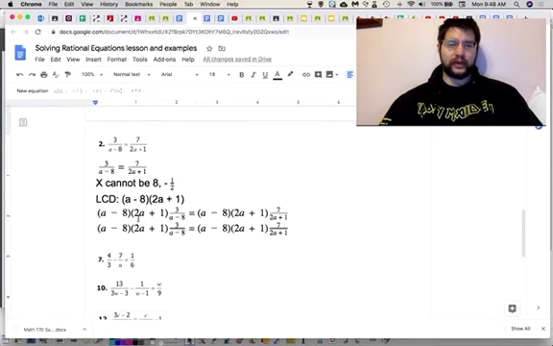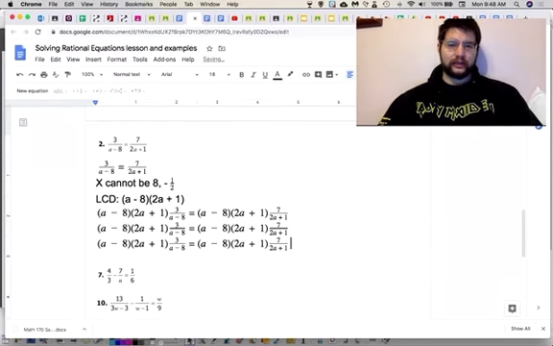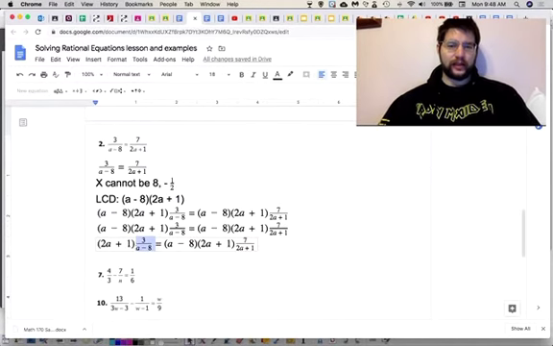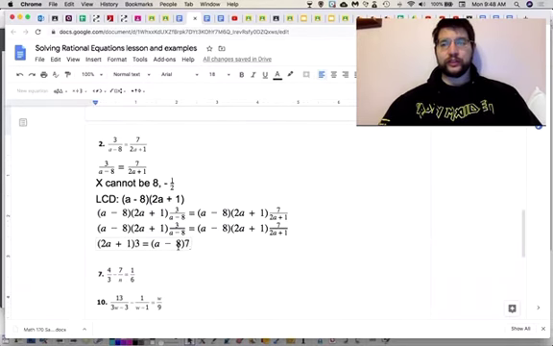So you just have to realize that a minus 8 cancels with a minus 8. That's going to make that a 3. 2a plus 1 cancels with 2a plus 1, so that's going to make that a 7. And if you're left with a fraction for some reason, you did something wrong. The reason we multiply by the LCD is so that we don't have fractions.